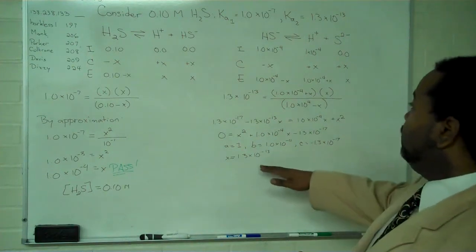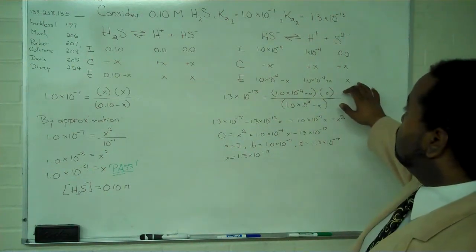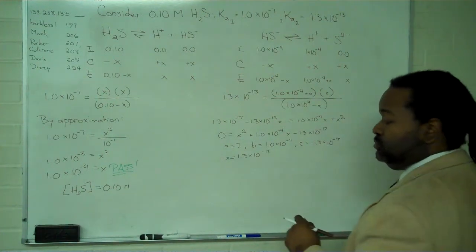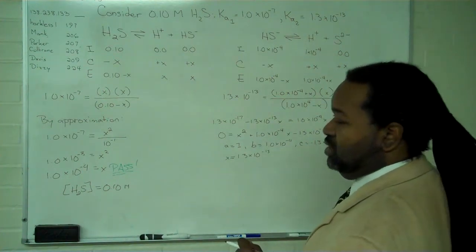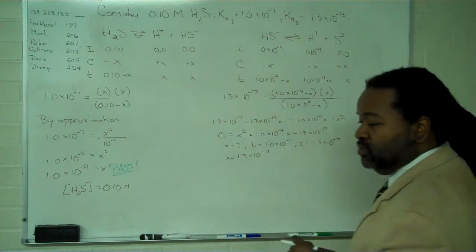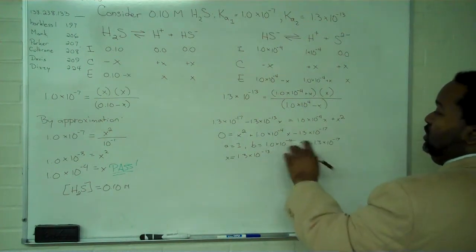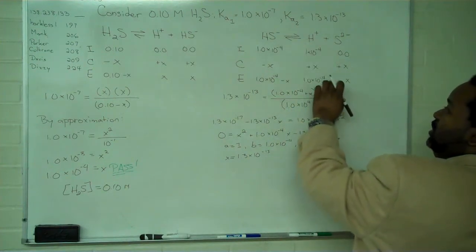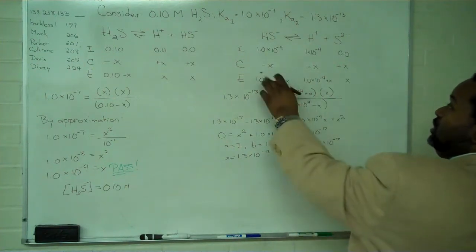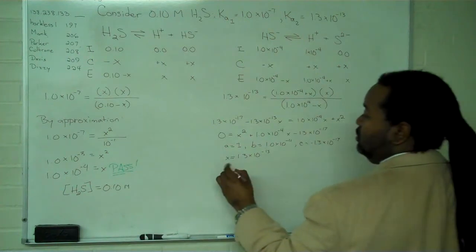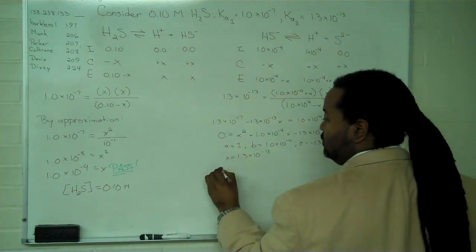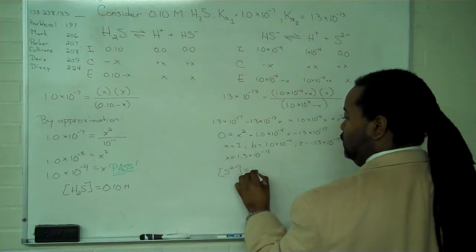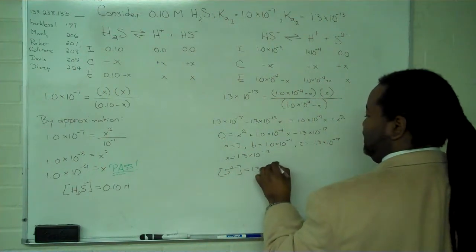And so this value of x then is what we will use for our sulfide ion concentration. And we find that we can simply copy over the value 1 times 10 to the negative 4 for our hydrogen ion, because x is so small relative to it, and 1 times 10 to the minus 4 for HS minus. So sulfide is equal to x.